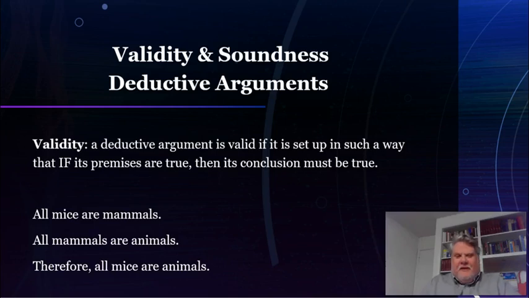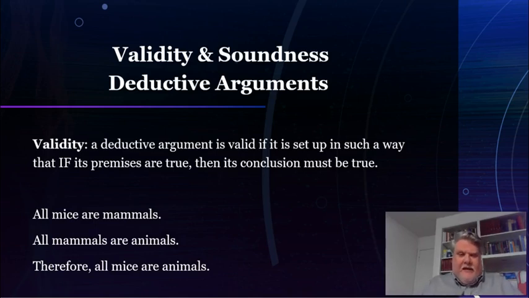To put this in another way, a deductive argument is valid if it's impossible to have true premises and a false conclusion. You see how those things are equivalent? We'll be talking a lot more about this, and again, we'll have some other resources to help reinforce this idea.